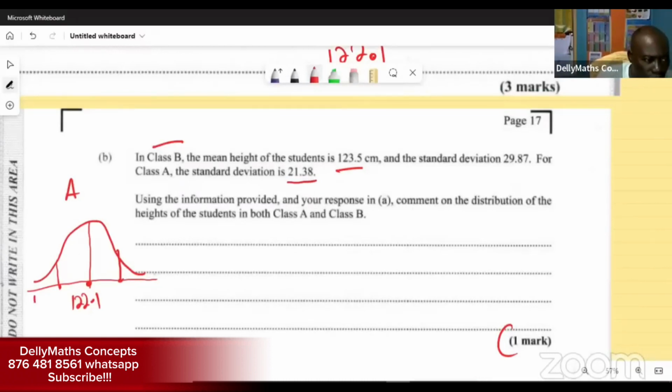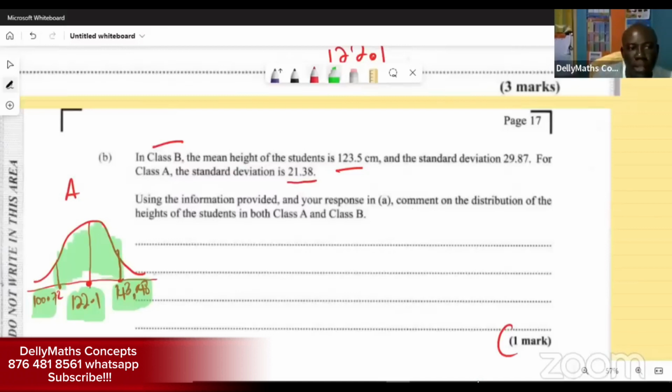This goes down to about 100.72, and then it goes up to 143.48, because I'm adding the 21.38 to it. This suggests that this is how far the scores are spread from the mean. That's what the standard deviation tells. It's 21 point something to the left and to the right. So the majority of the scores were between that and that.